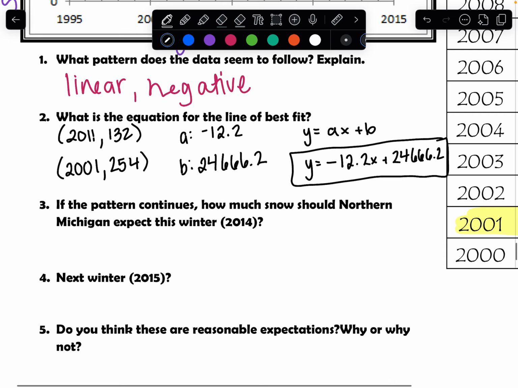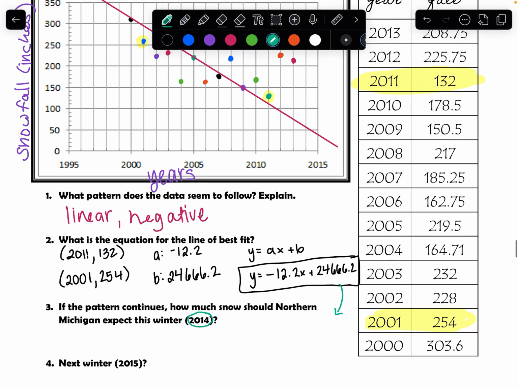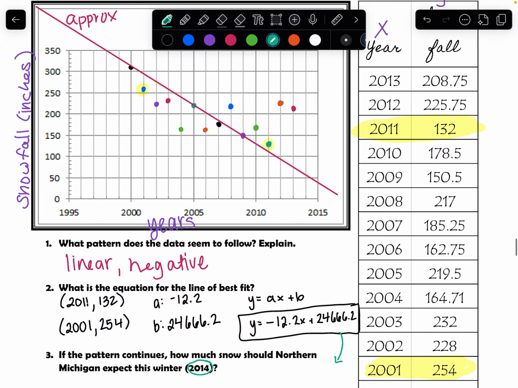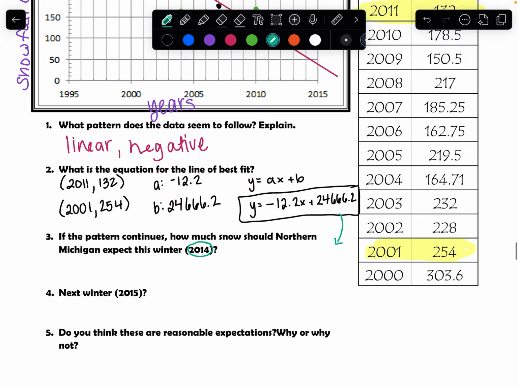And so the reason that we want a line of best fit is we can use it to find more information. So if this pattern continues, how much snow should northern Michigan expect this winter, 2014? Well, let's look at our table. Well, 2014 is a year, and year is our x values.